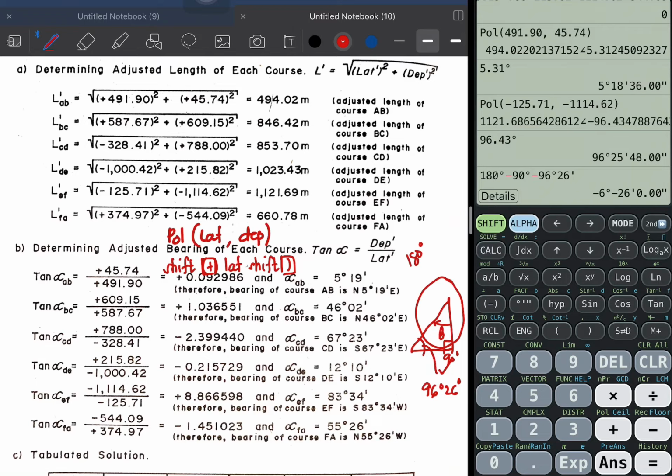No, it's not 180 minus 90. It's the other side.